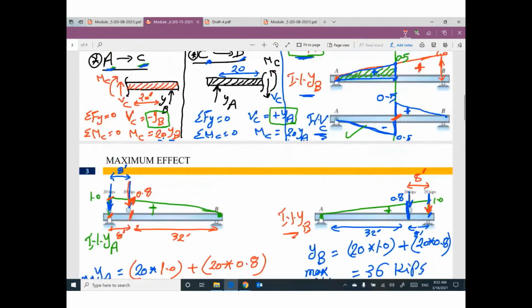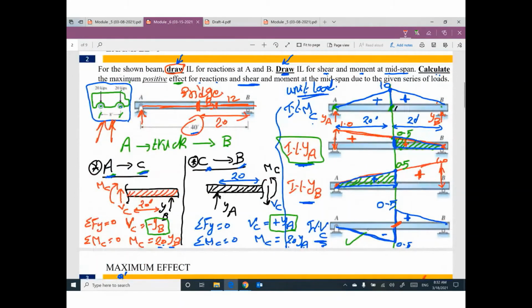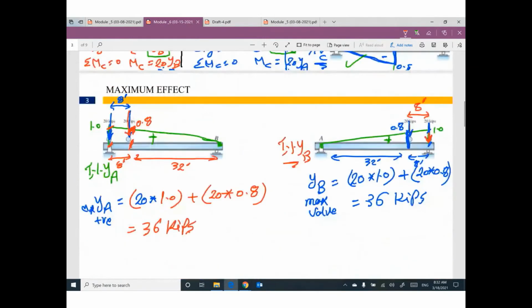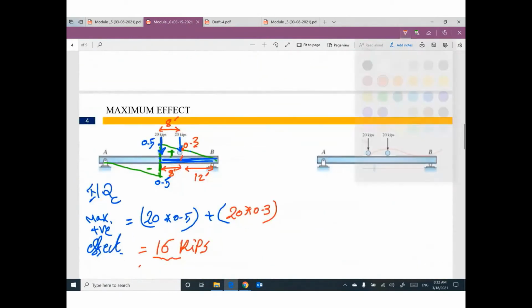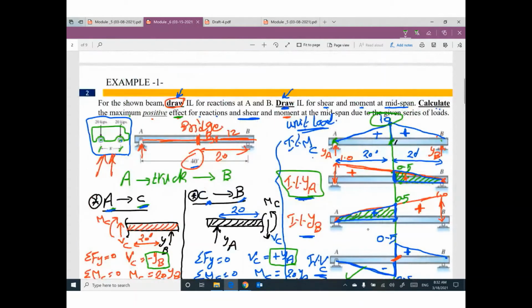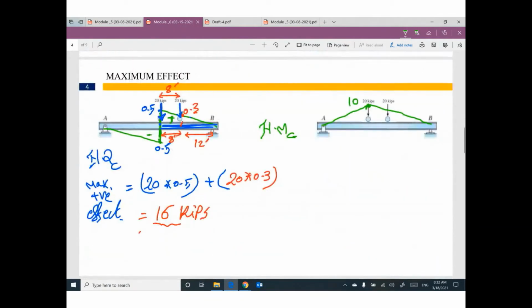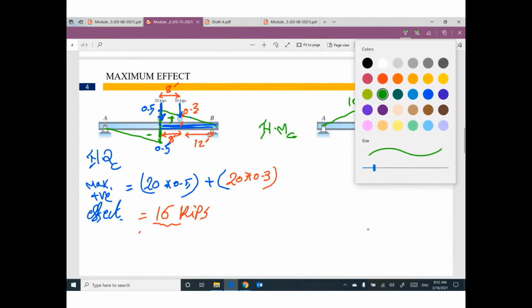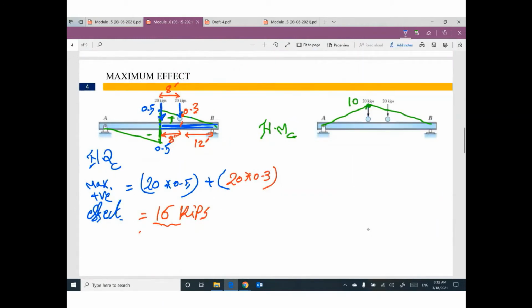The last one, maximum positive effect for moment at C. Just a reminder, influence line for moment at C was something like this. This value here was 10, I think. Do you remember this? Yeah, it was 10. Triangle like this. So I decided to put the first wheel here.